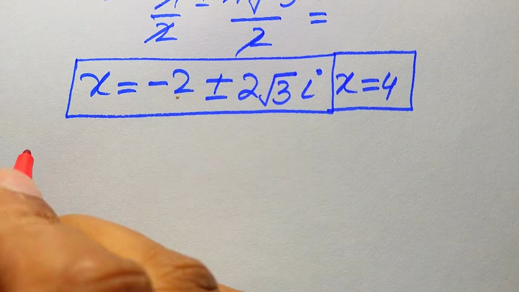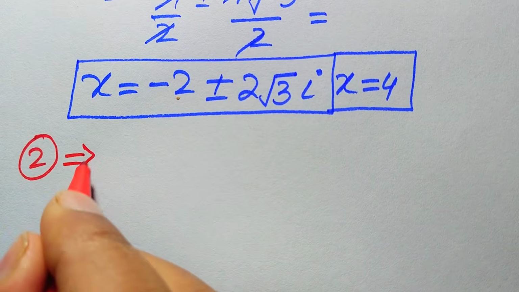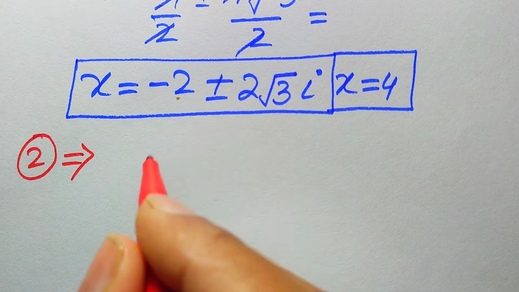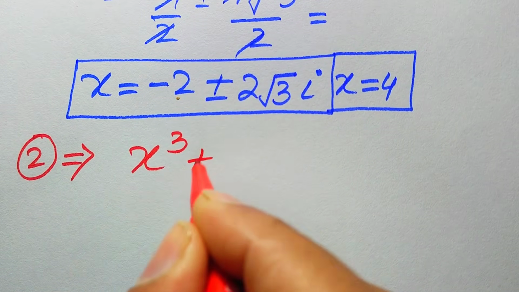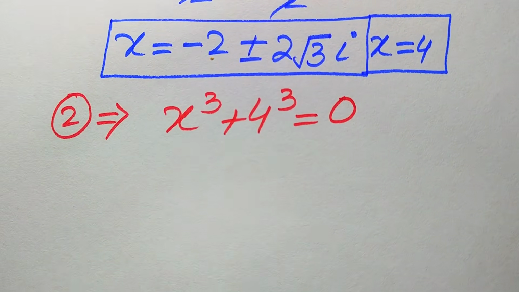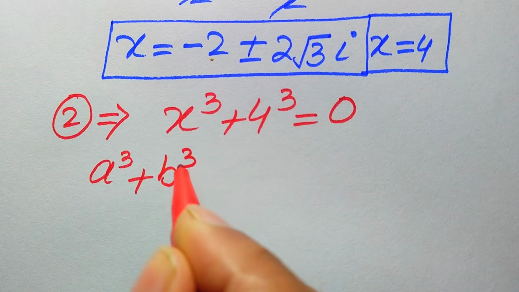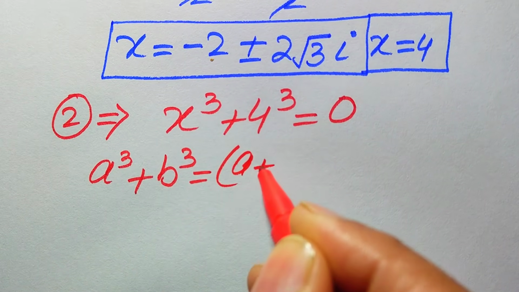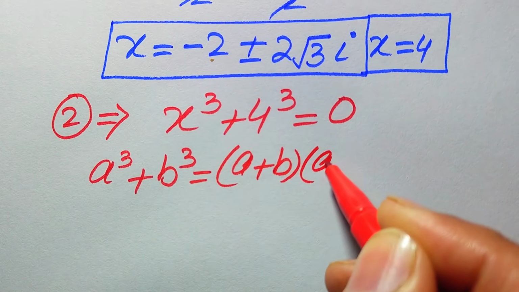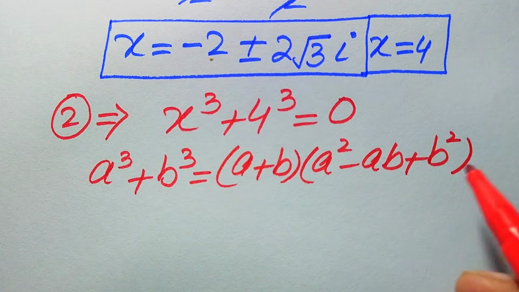So in the same pattern we solve our equation number 2, and equation number 2 is copied down here. This is x cubed plus 4 cubed, and this whole equation equals to 0. So here we apply this cubic formula. If we have a cubed plus b cubed equals to a plus b times of a square minus ab plus b square.